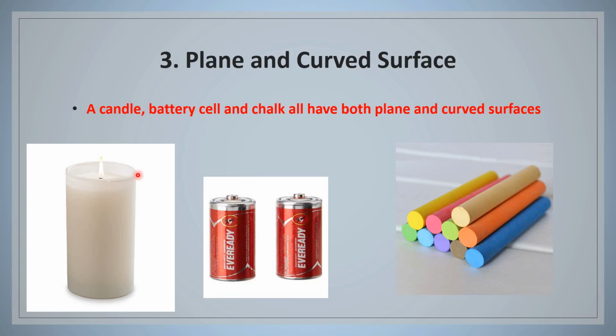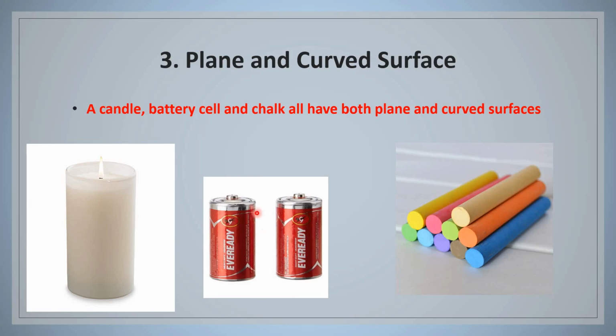The standing vertical part is a plain surface of the candle, and this top part, that is oval or circle in shape, is the curved surface. So candles usually have a plain and curved surface. It has a mix of both.